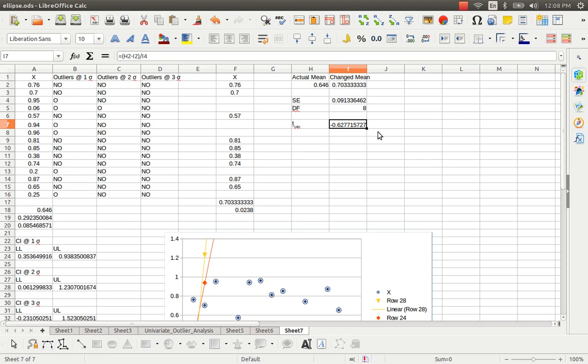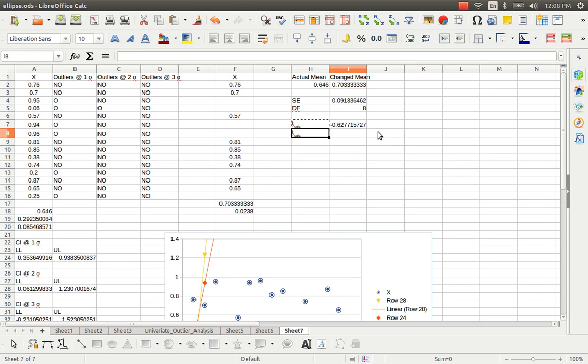So that's going to be the t statistic. Thank God we got a positive value. So now t critical at the 5% significance level at 8 degrees of freedom is going to be t inverse 0.05 comma degrees of freedom. That is going to be t critical.